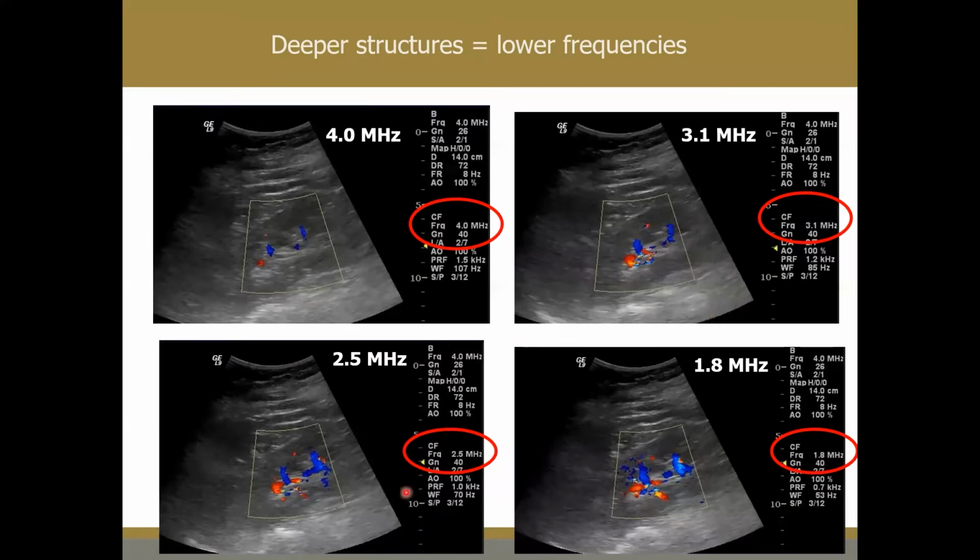Continuing to reduce the frequency, we get a little bit more color absorption at 2.5. And our best color absorption is at 1.8 when looking at this renal vessel. So again, because of the depth of the kidney here, bringing that transducer down to the lowest frequency has allowed us to get the best color absorption with this image.